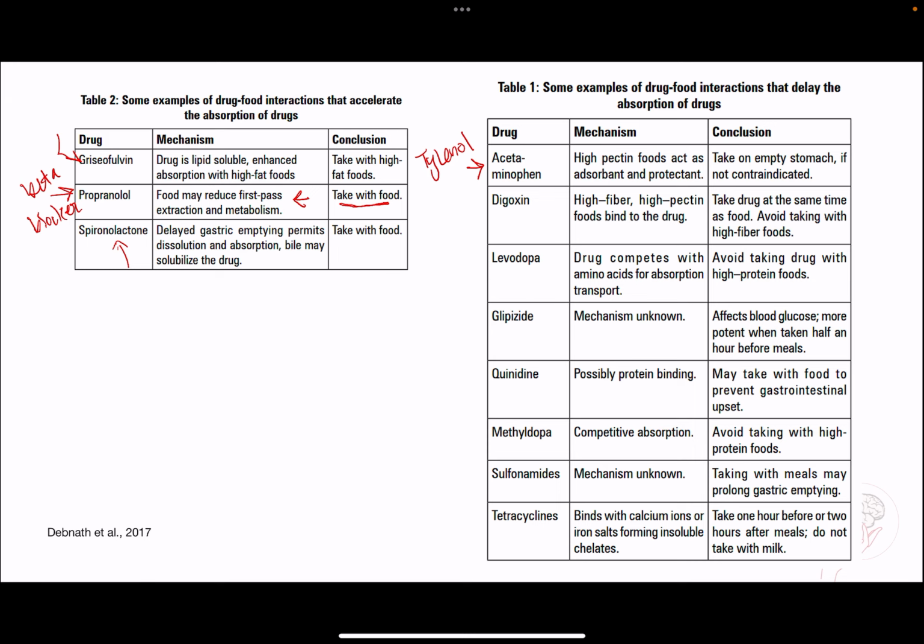Again, it is the fact that dopamine also is made from tyrosine, so tyrosine can compete with its absorption. Digoxin is a blood pressure medication. High fiber pectin foods can also influence it.